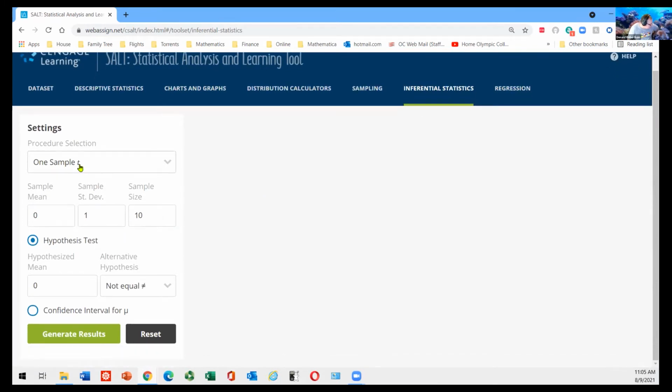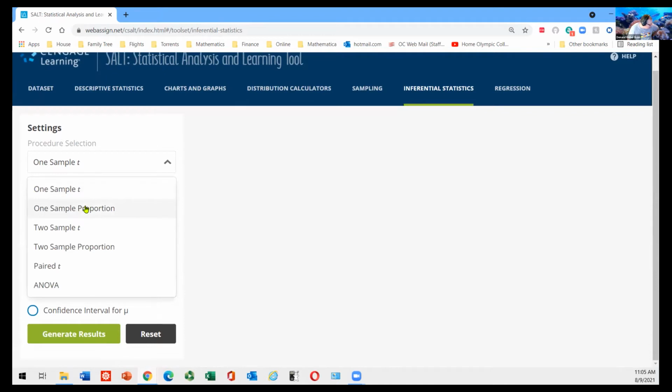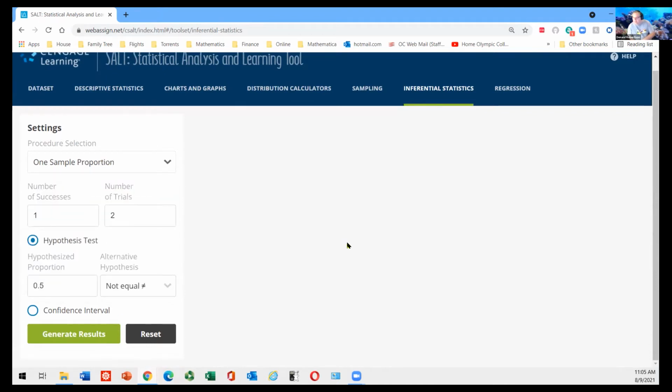Now, one sample T, one sample proportion. That's what we're doing right now. We are using this to find this magic guy called the p-value. Remember, that's the magic number we need because if he's really small, he's the evidence that we're looking for.